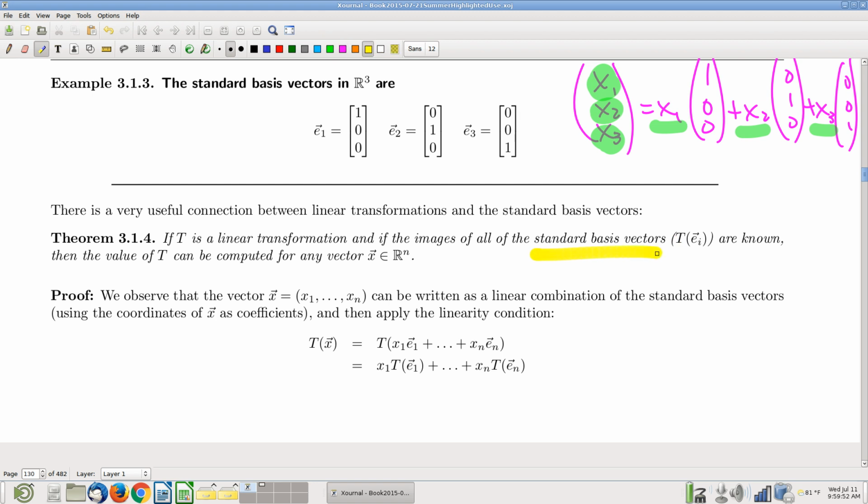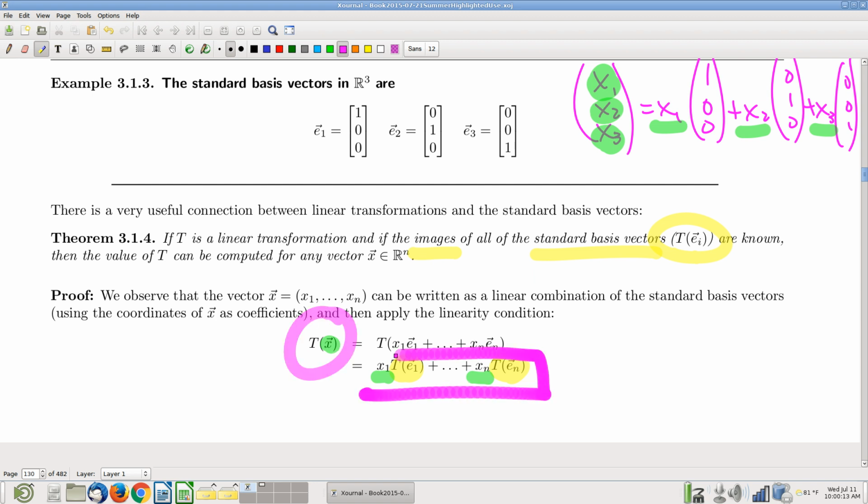These standard basis vectors' images are known, so I know what these are. These are given. So if you give me some vector x, you're giving me the coefficients that will allow me to compute T of x explicitly.